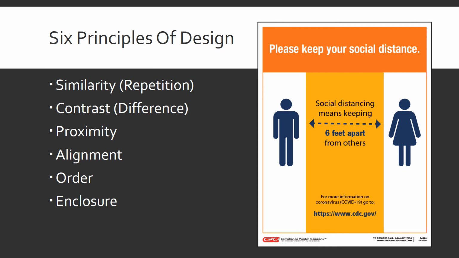And then alignment. You see that in how we design paragraphs. So paragraphs are all aligned. They start in the same place on the page, but then they might be indented to show that that's where a new paragraph begins.